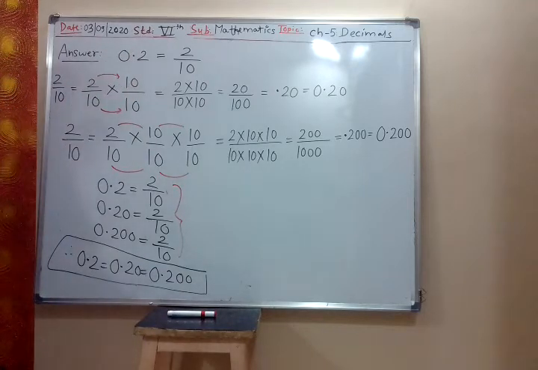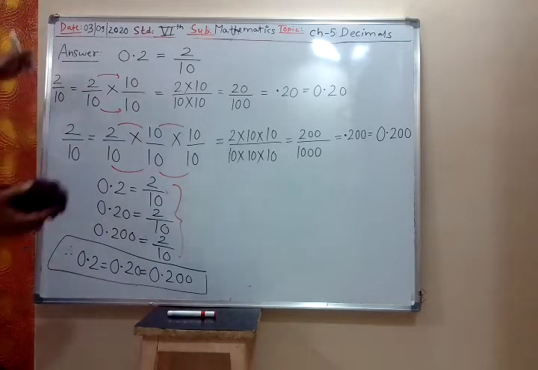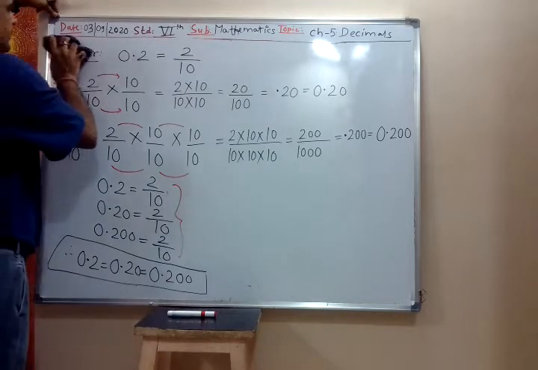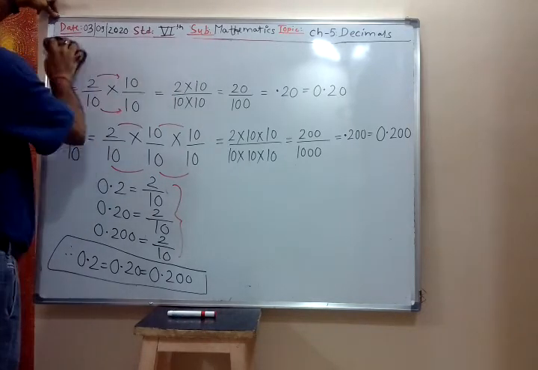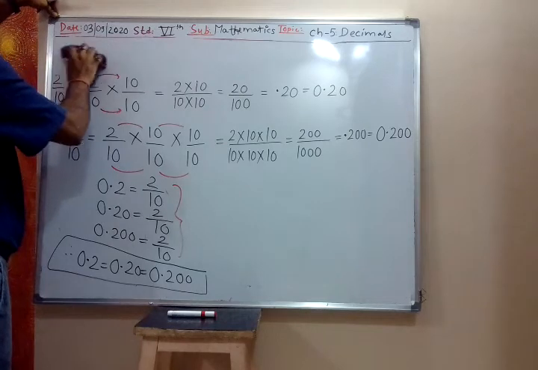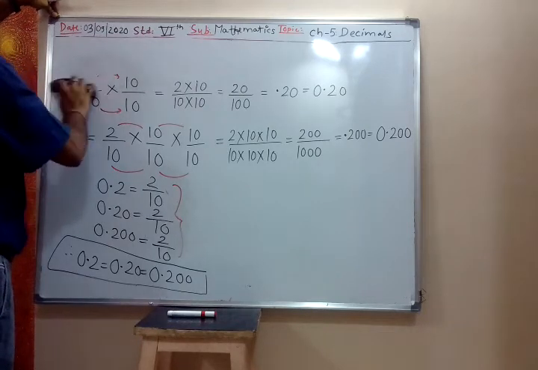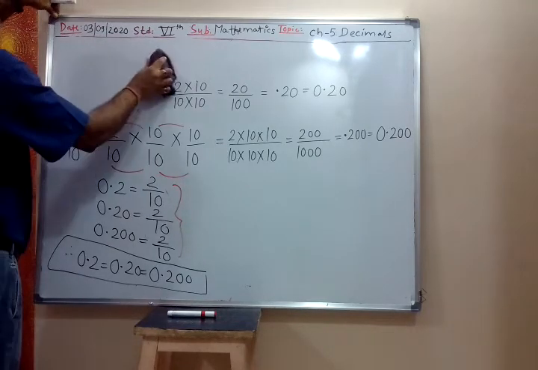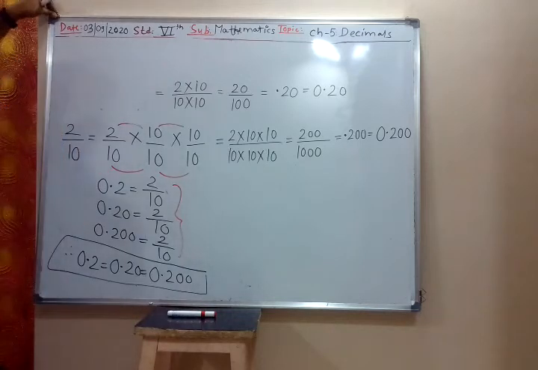Whenever we add 0 to the right of the point, the value of the number remains the same.